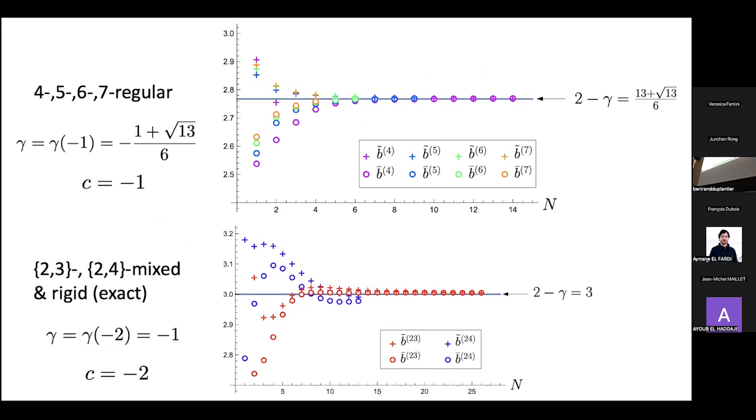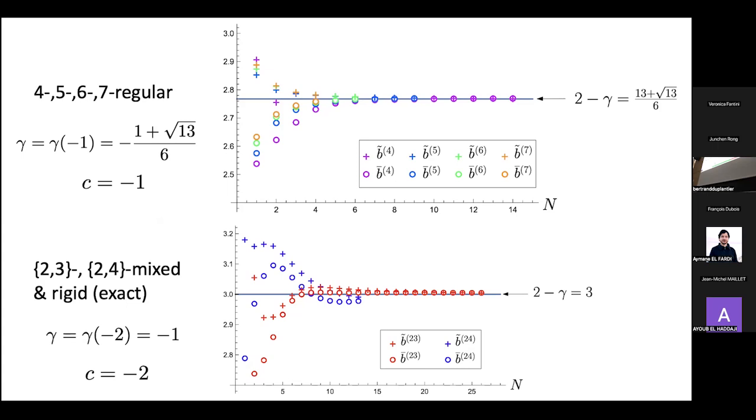You can show first that when your lattice is regular, meaning before it was 3 valent, 4 valent, 5 valent, and so on, the central charge is shifted by 1, so you find the same gamma as before. But if you mix vertices, or if you make them rigid, you can show that actually you have no A component. You remember the famous A component, the one which actually caused problems? This one is frozen, or is not there.